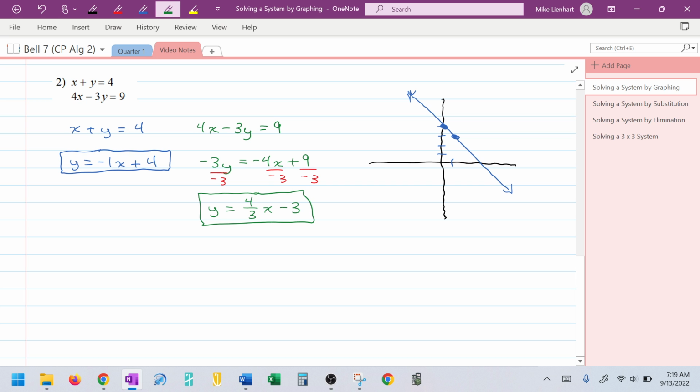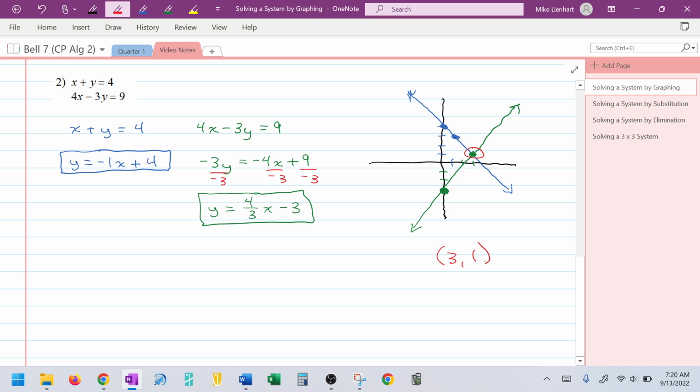The green graph has a y-intercept of negative 3, 1, 2, 3, and it has a slope of 4/3. So I'm going to go up 1, 2, 3, 4, and then 1, 2, 3. I'm thinking it's going to be there. I then estimate what I think that point is, and I'm pretty confident it's the point 3, 1.